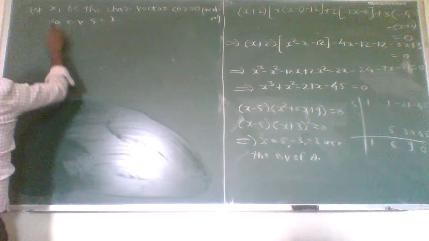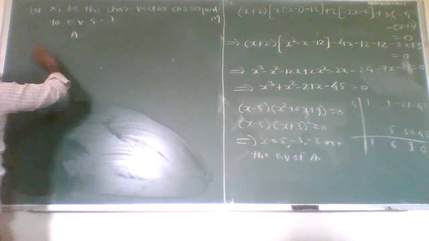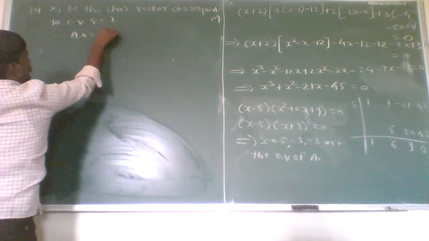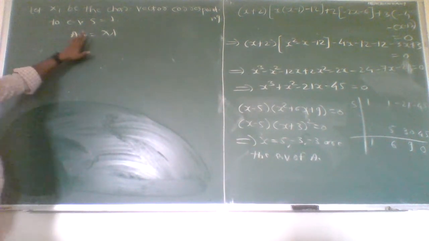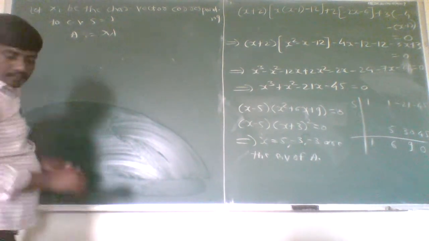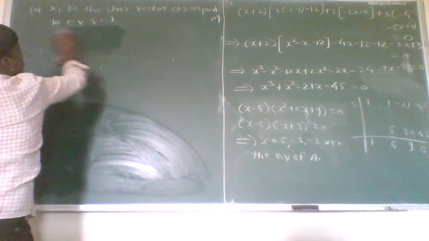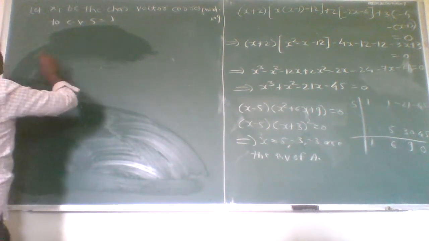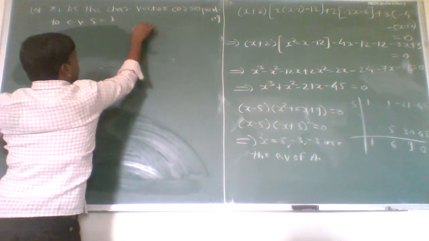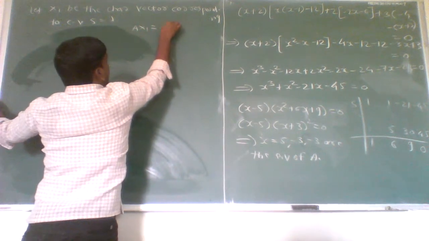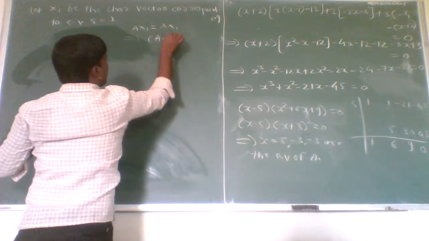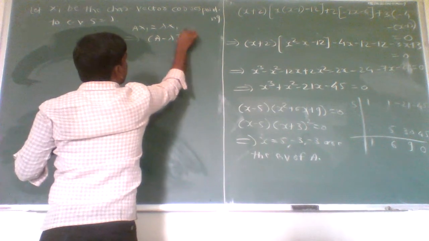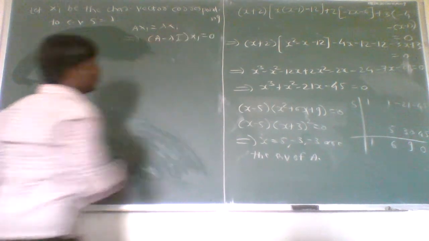So, as x1 is the characteristic vector, then A x1 is equal to lambda x1, which implies A minus lambda I times x1 is equal to 0.